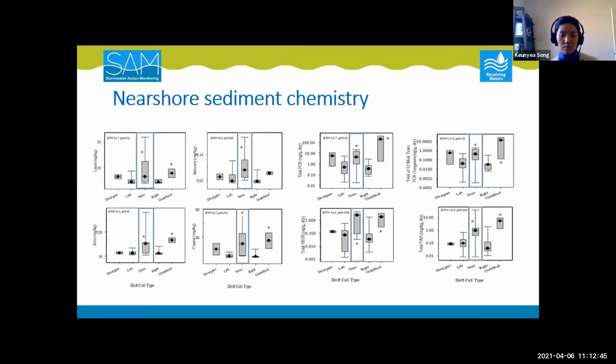In this graph, the none, which has a blue box here, means no current movement area, which can also be called a sediment depositional area. And that area has higher chemical concentrations than other places.